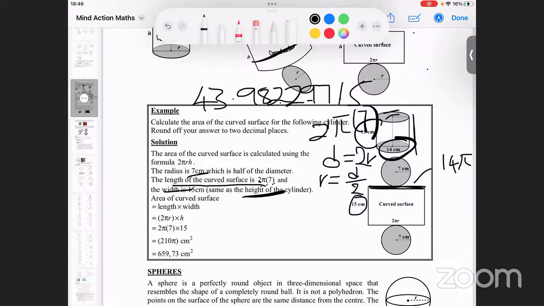The length is 2 pi r, multiplied by the height. Do you see how this formula has been used? The 2 pi r h. The 2 pi r is the length of the rectangle, and the h is the height, which is the same as the width.